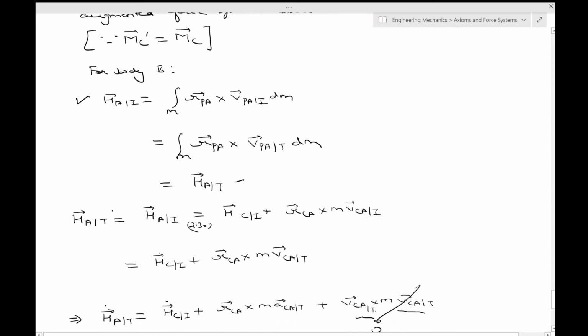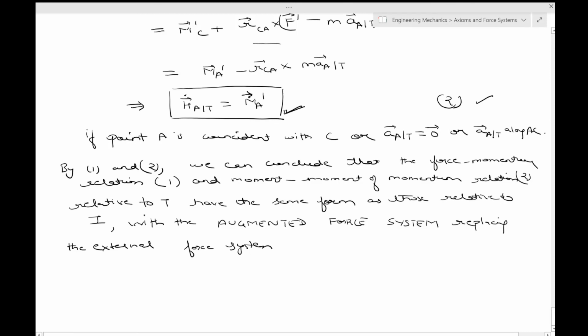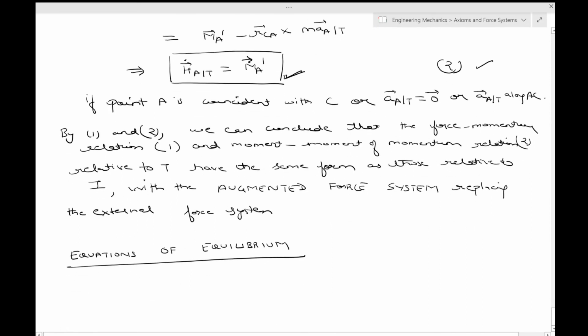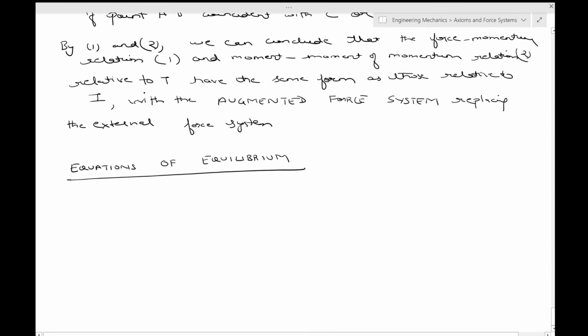Okay, so let's now move to our next topic, which is called equations of equilibrium. Let's have lots of figures over here.